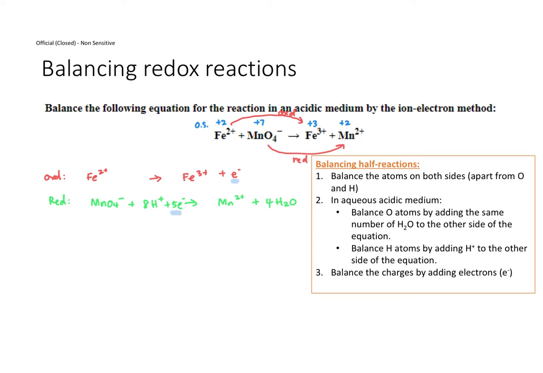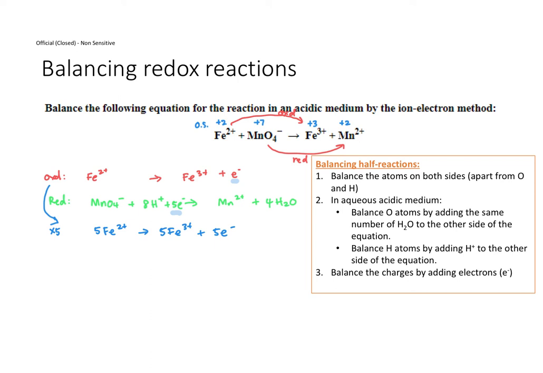So to make both of them have the same number of electrons, we will need to take the oxidation reaction and multiply it by a coefficient of 5. So we will have 5 Fe2+ converted to 5 Fe3+ and 5 electrons.